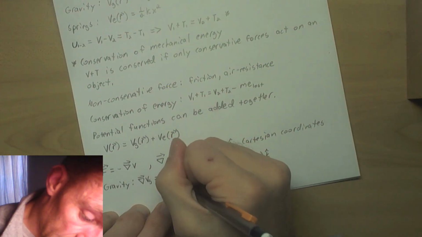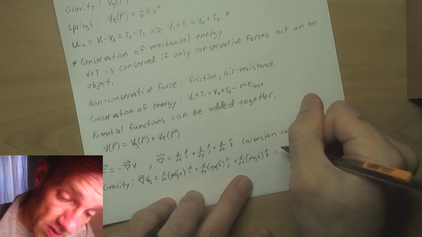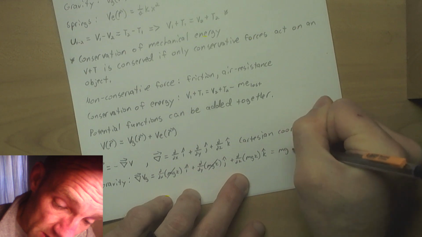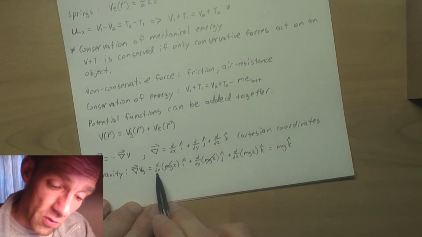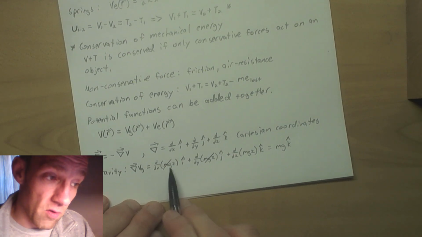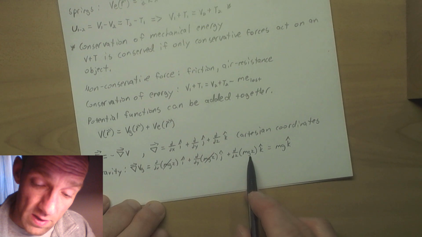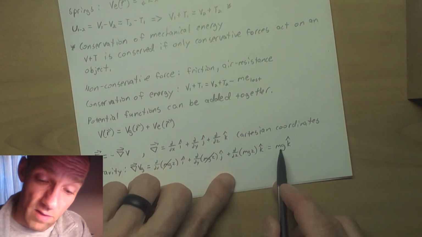Well, that's going to be 0, that's going to be 0, and so this is just mg times the k vector, right? So the derivative of mgz with respect to x is 0 because there's no x involved. Likewise for y. So the only thing that matters is the z derivative, and that is equal to that.